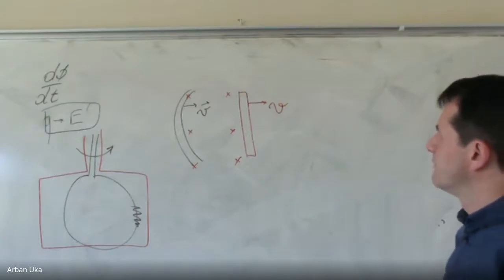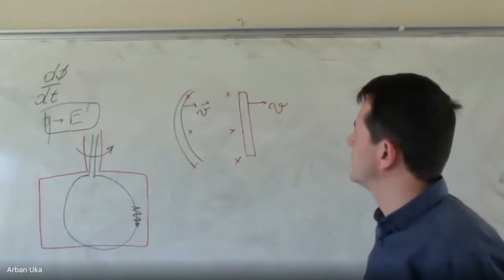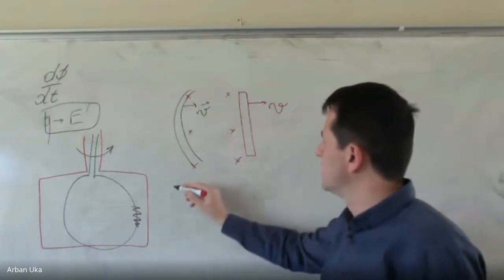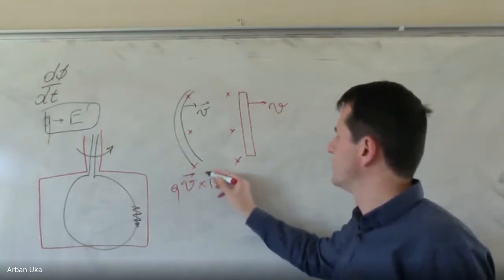And then what we care about is that the force which is going to be applied on the electrons here is going to be q v cross B. Okay?